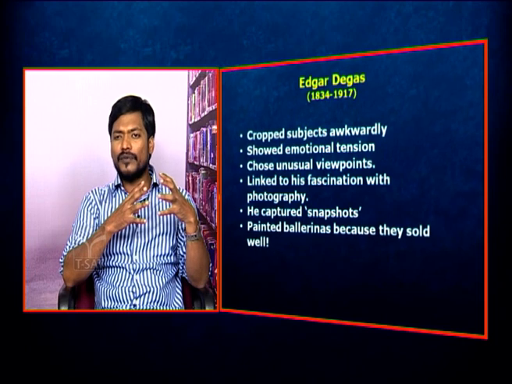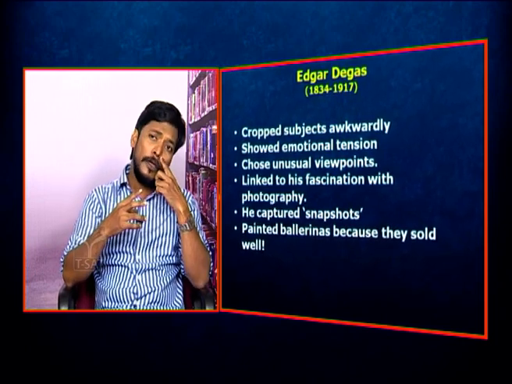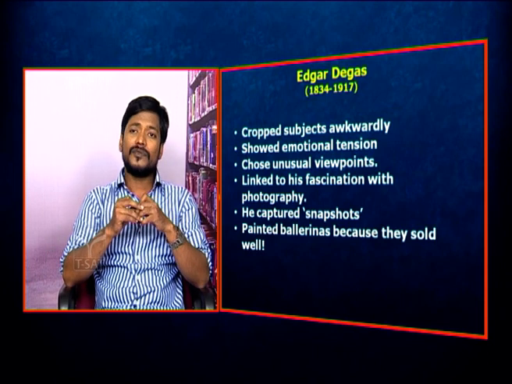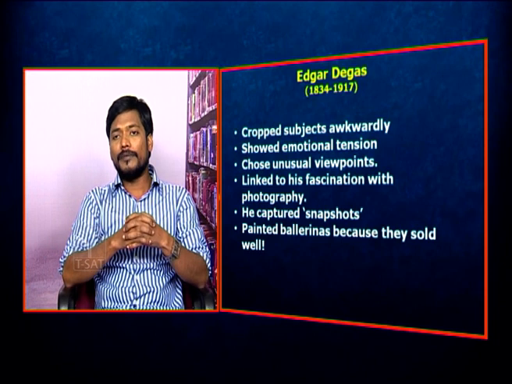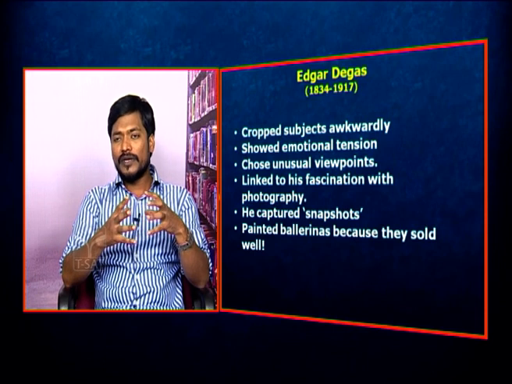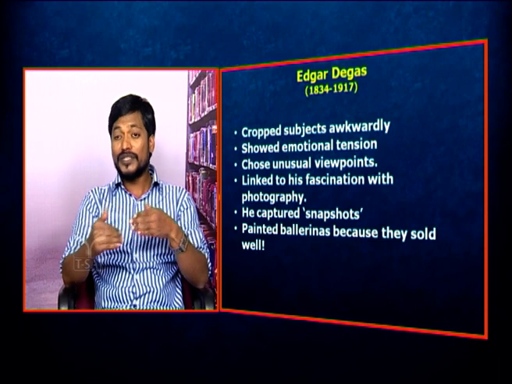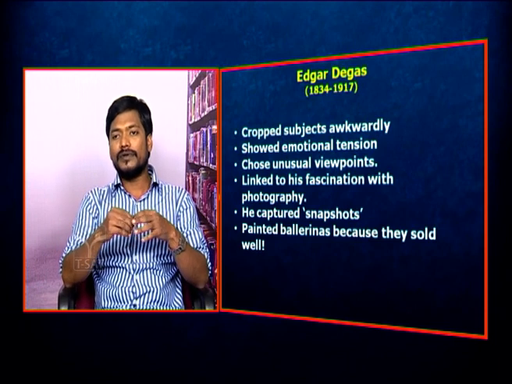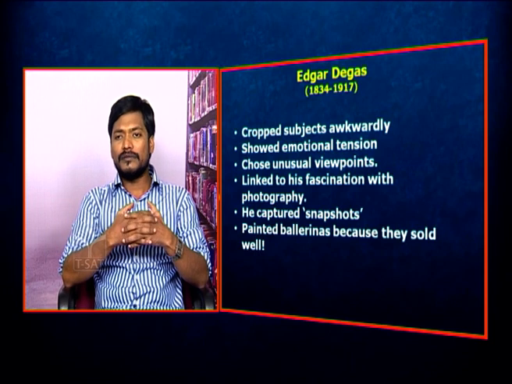His compositions are very different, very radical, very unconventional, and showed emotional tension, right. He chose unusual viewpoints, which is why he's called a keyhole painter, linked to his fascination with photography, right. He was very fascinated with photography and experimented compositionally, particularly with photographic techniques, at least in practice.